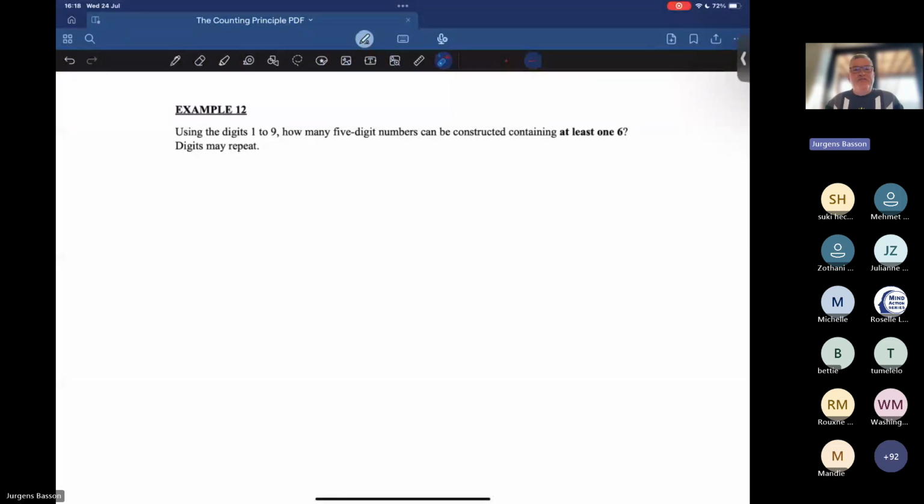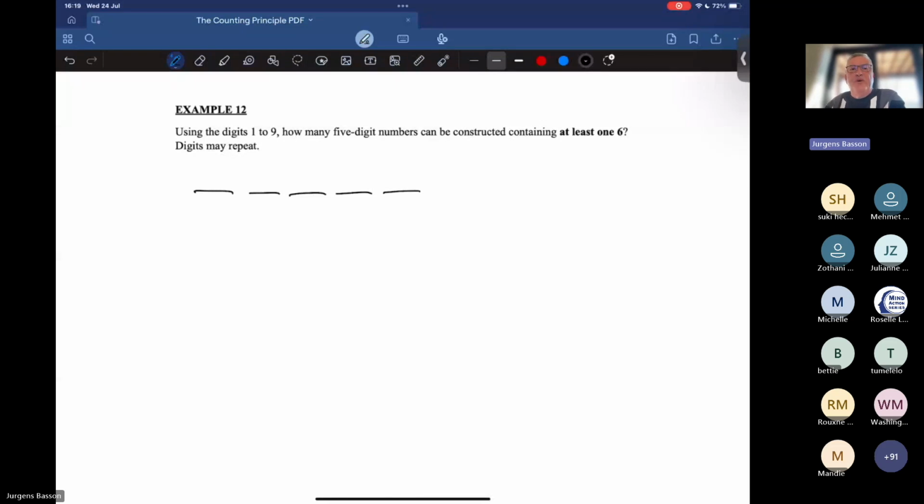And we have a 5-digit number. So we say using digits 1 to 9, how many 5-digit numbers can be constructed containing at least 1 six? Digits may repeat. So we've got 9 digits available. We want to build 5-digit numbers, but these 5 digits must contain at least 1 six.